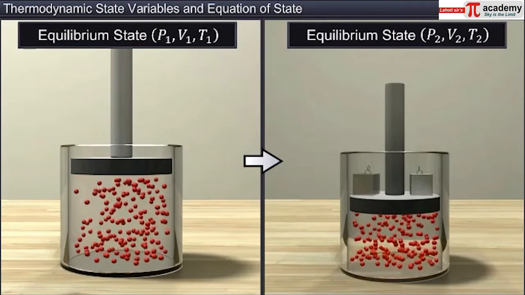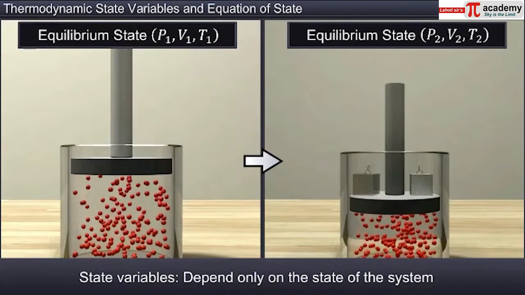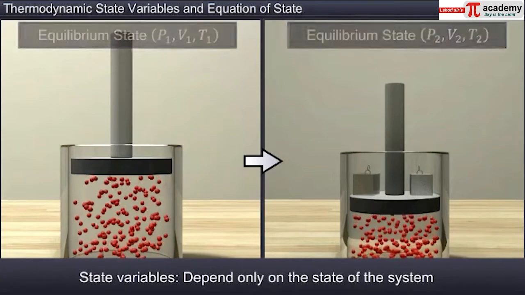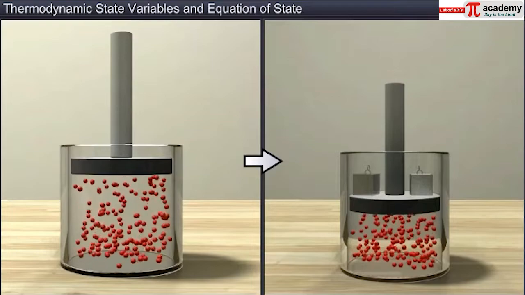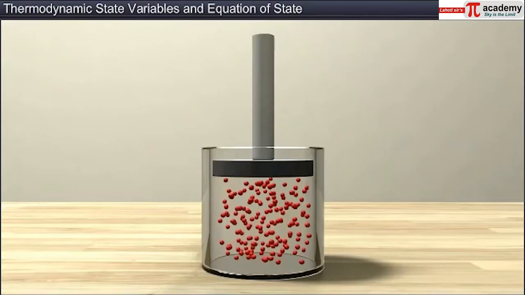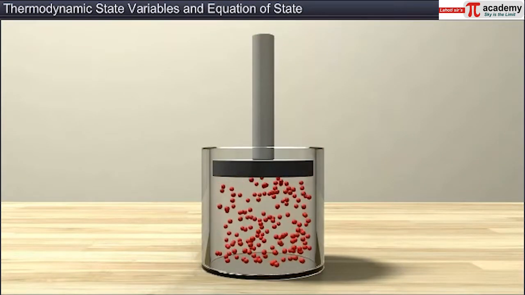As the name suggests, state variables of a system depend only on the state of the system, and they do not depend on the path through which the system is taken to attain this state. All the variables that describe an equilibrium state of a system may not be independent of each other.